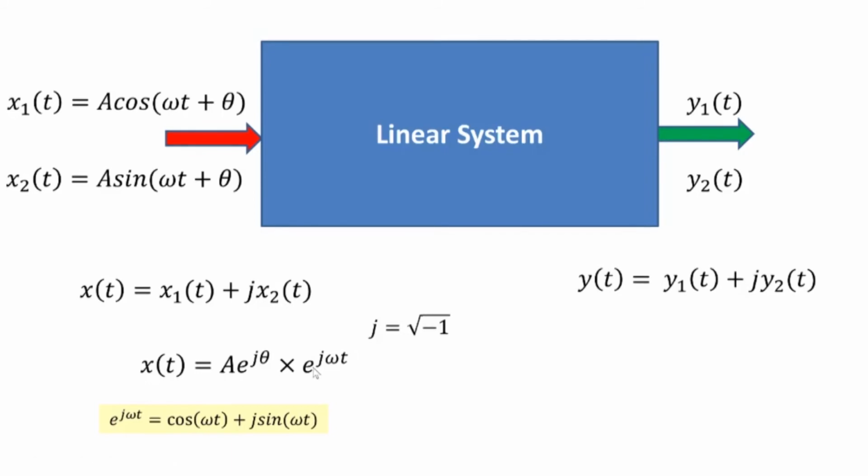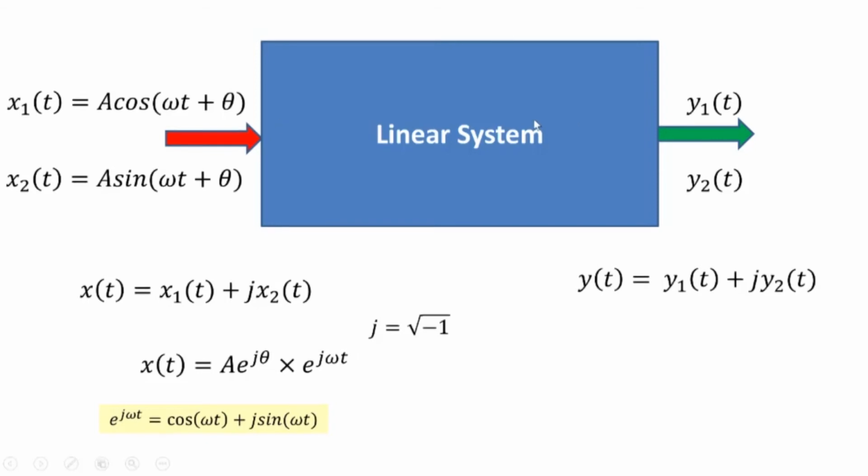If we apply this, of course, we'll get some y(t). In response, I would have y(t), which is equal to y1(t) plus j times y2(t). But let's say your interest was in y1, the response to x1.